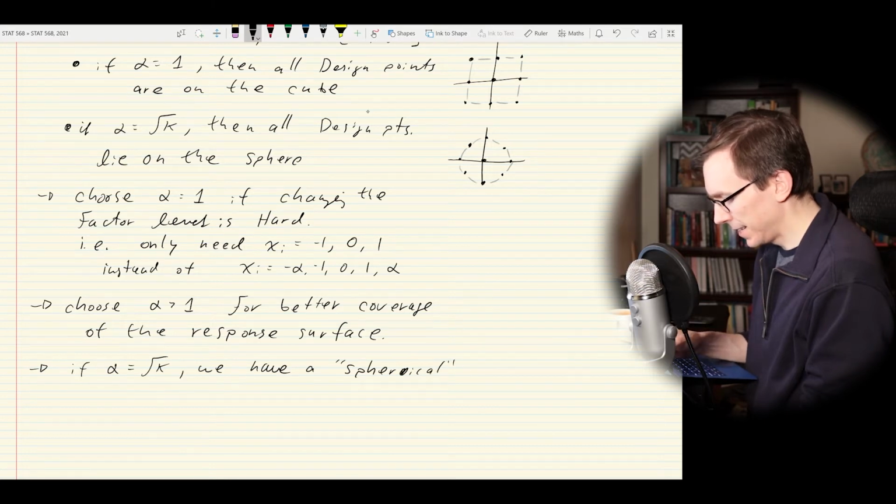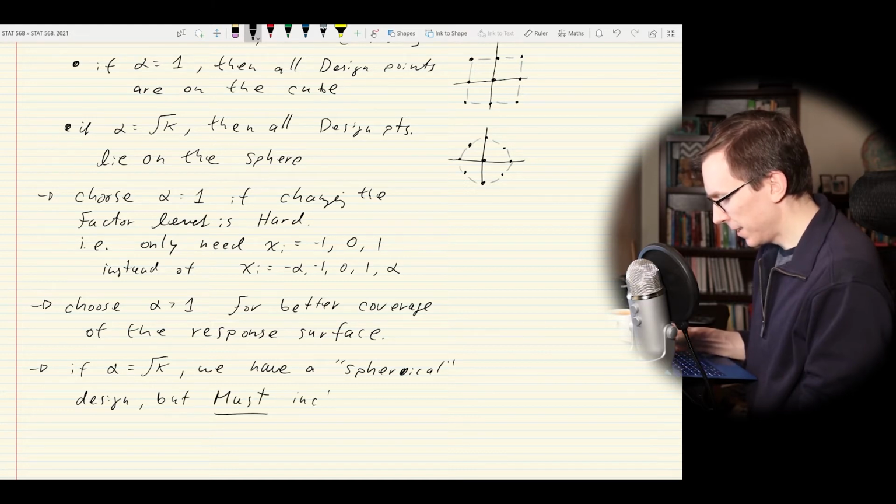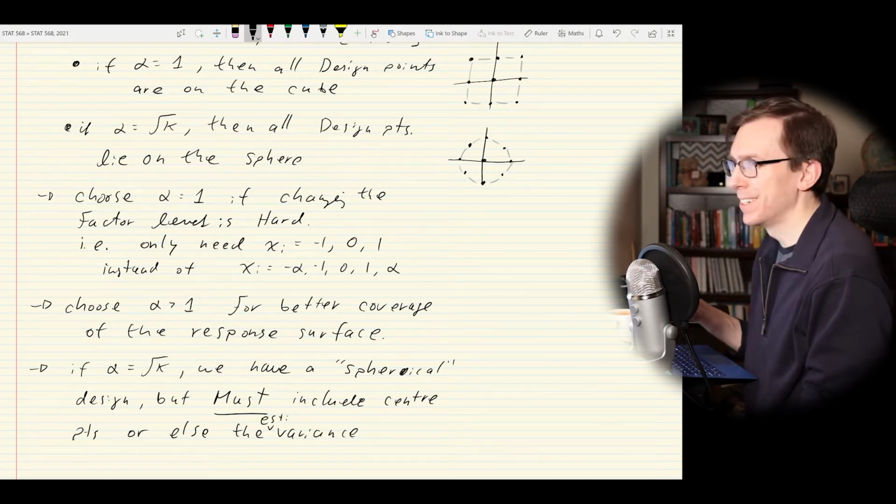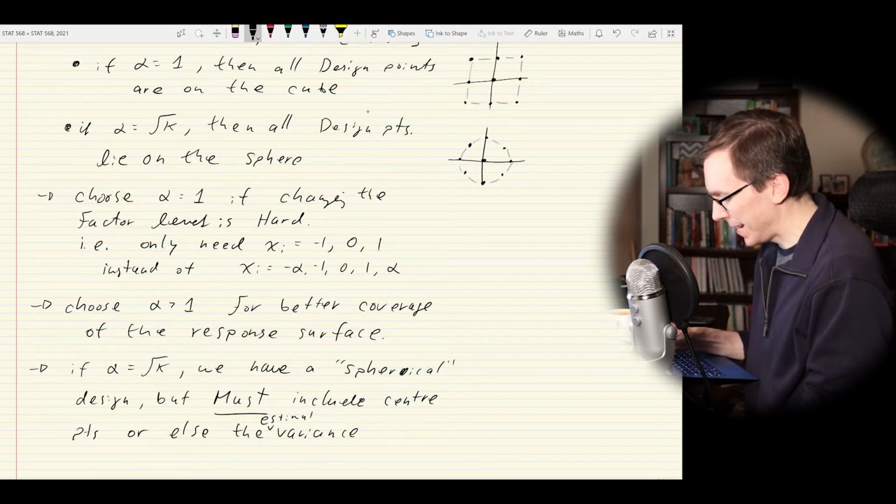Spherical design, but it must include center points, or else the estimated variance will be infinite. The variance is going to be whatever the variance is, but the estimated variance in this case will be infinite, and that's bad.